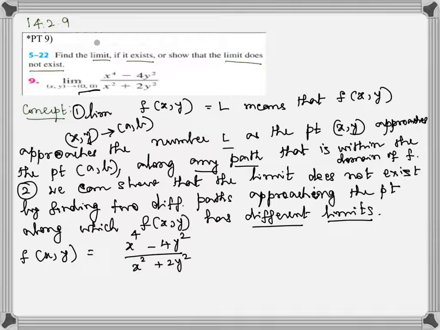We will find the two limits, and probably show that the limit along the x-axis is different from the limit along the y-axis.